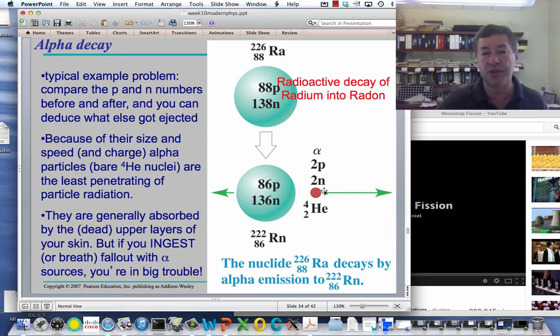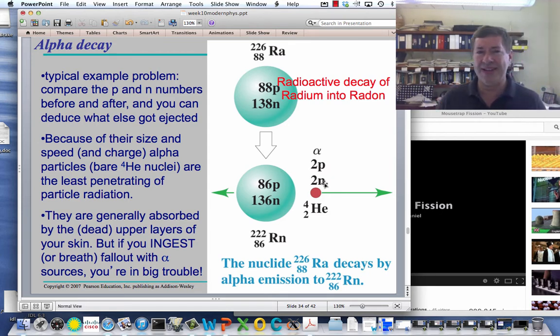There's a very nice symmetry and stability about a helium nucleus. I'm talking about helium-4 here. And as I said, forget about the electrons. They're not entering into this. So we just have a bare helium ion here, which has a +2 charge.